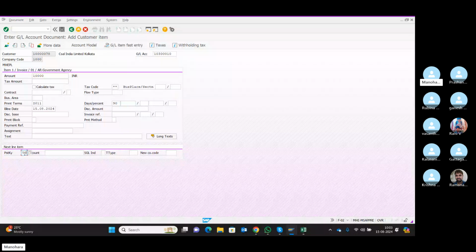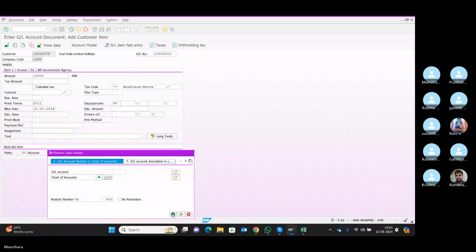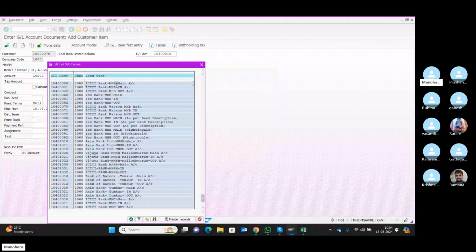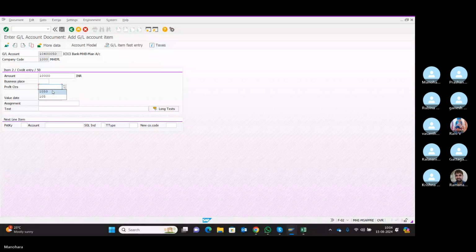So this is GL data. 10,000. Here it is the GL master data level, right? Here we can find the profit center.